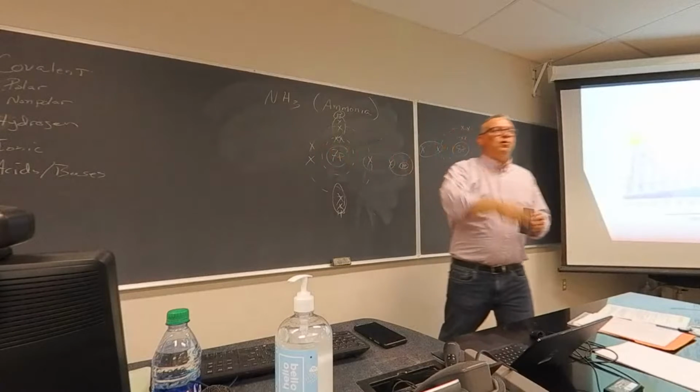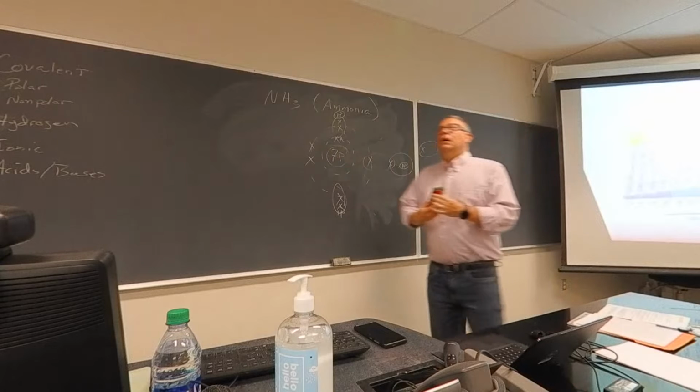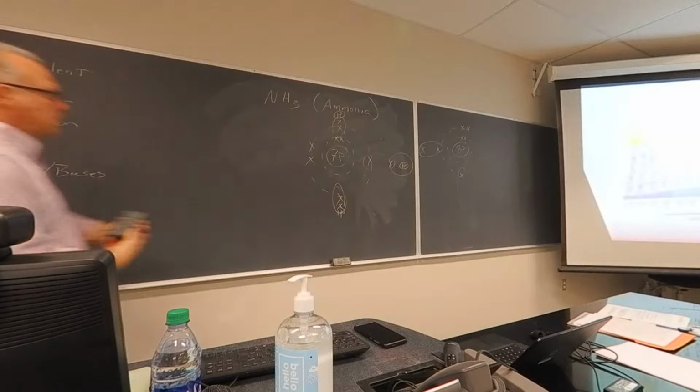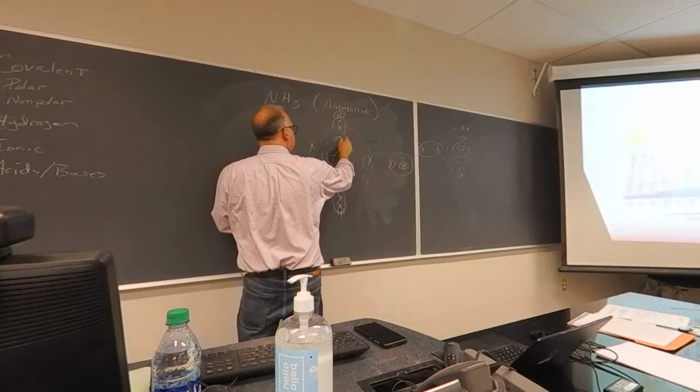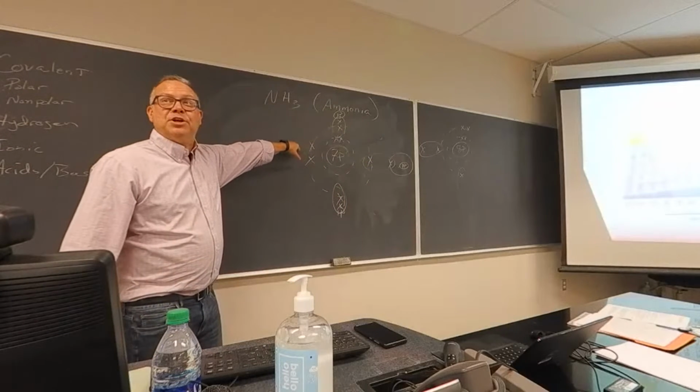Okay, go for it. How do you get the 7 protons? I don't even see it. It's the N right here. Oh, I saw the N in the center. So here's the 7 protons: 1, 2, 3, 4, 5, 6, 7. These are outer shell electrons that are not covalently bonded.